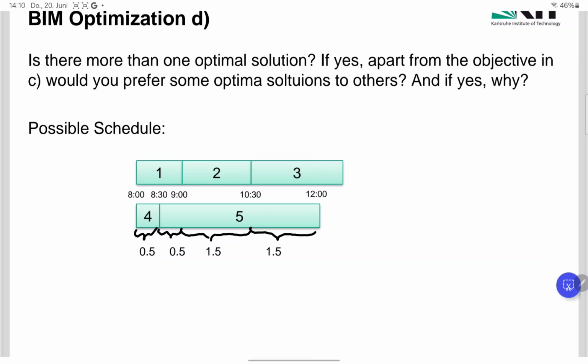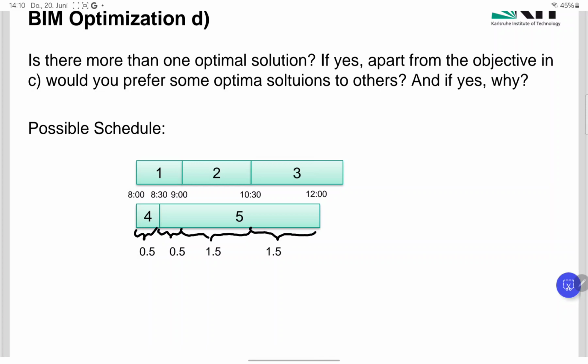So that means if the emergency patient arrives at a not really good time, at 9:05, then they would need to wait 1.5 hours, or if they arrive at 10:35, then another 1.5 hours.